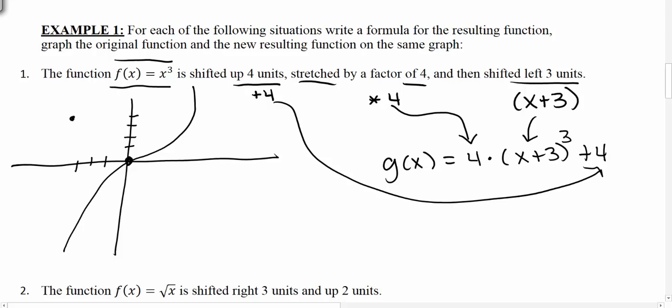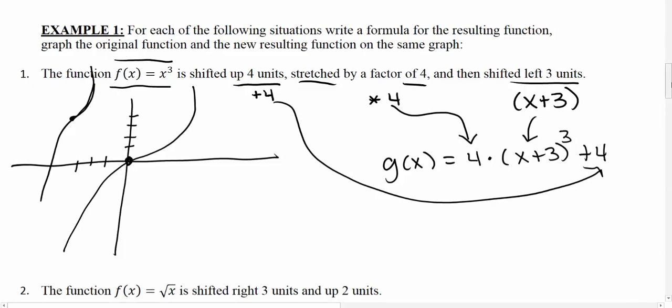So in space, I'm going to come on over here. And then I'm stretching it by a factor of 4, which means it's going to go up a little bit faster than it was before. So it's a little bit quicker on either side. And my new function looks a little bit like that. So again, I shifted it up 4, left 3, and I stretched it by a factor of 4, which means it's going up and down much more rapidly than it was originally.